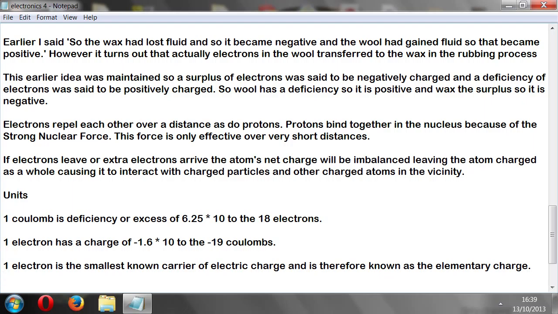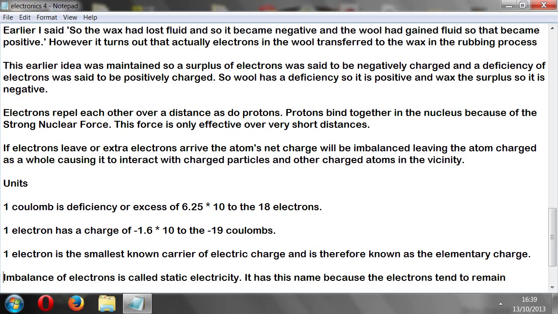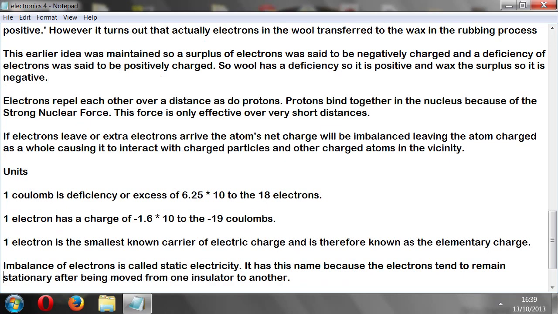It might be 6.24, but I think it's 6.25. It won't make much difference at this stage. An electron has a charge of minus 1.6 times 10 to the minus 19 coulombs. The electron is the smallest known carrier of electric charge, therefore known as the elementary charge. I believe every single electron in the universe is exactly the same.